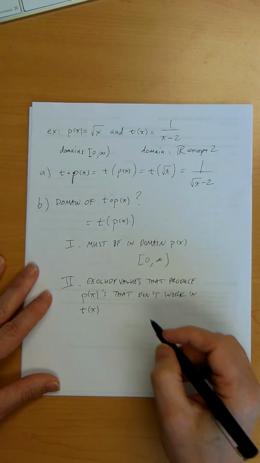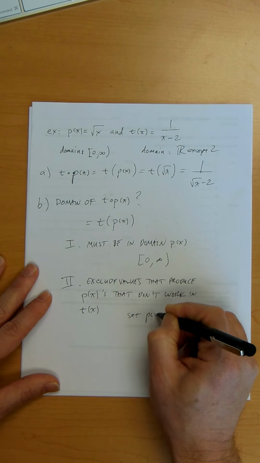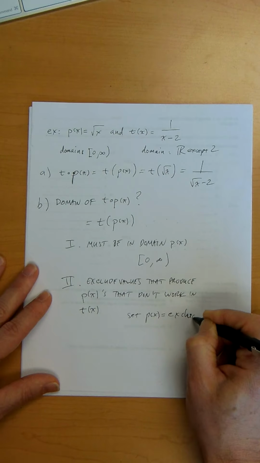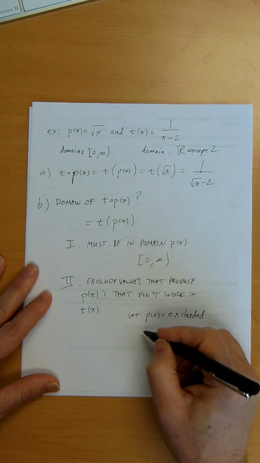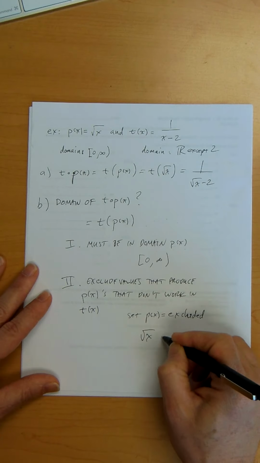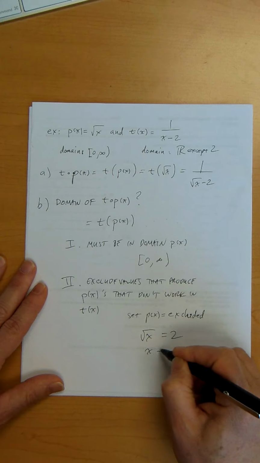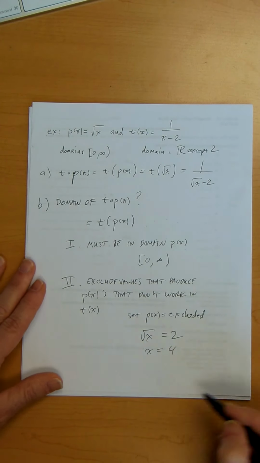And basically I'm getting that by taking p of x, set p of x equal to excluded values in t of x. So set radical x equal to the 2 that I can't have in t of x, and I find that x equals 4 is a problem.